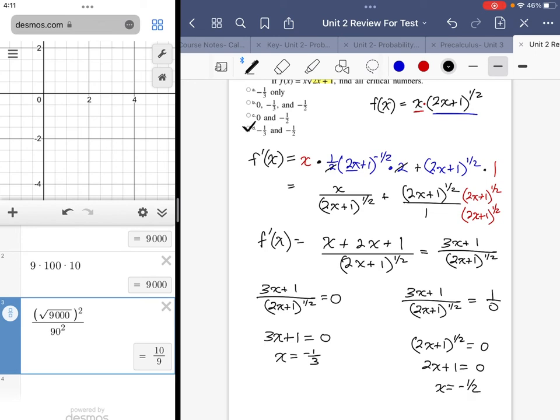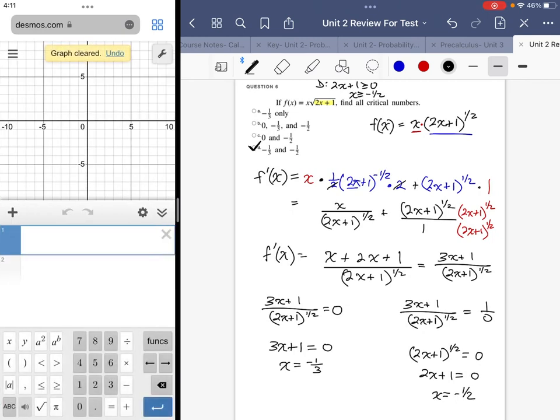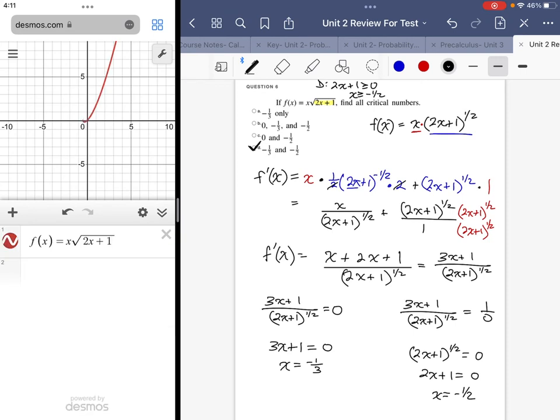Now, if you're unsure, take your original function, pop it into Desmos or whatever graphing calculator, f of x. And even if you are sure, who doesn't want to check their work? So x radical 2x plus 1. All right, that's pretty funky looking.